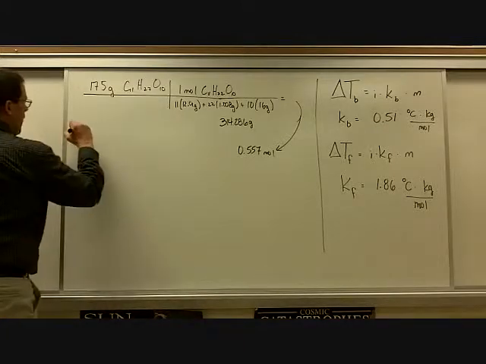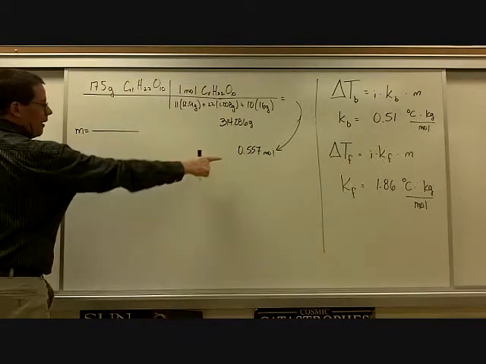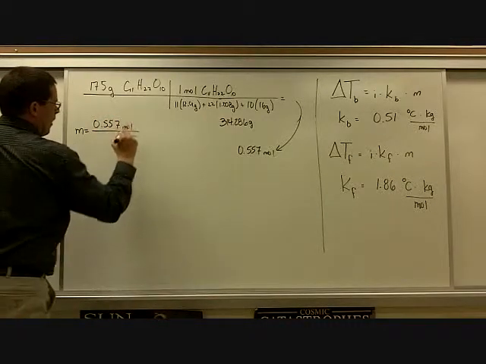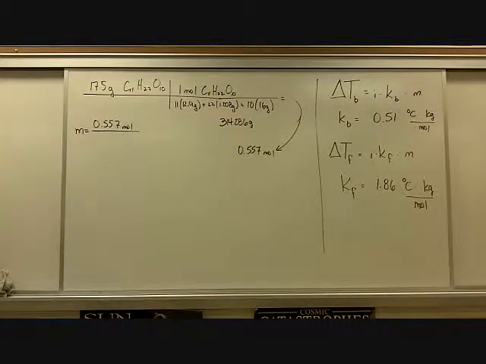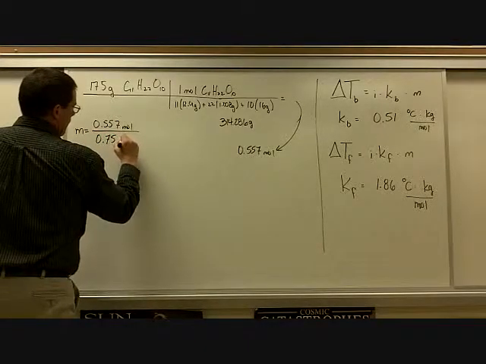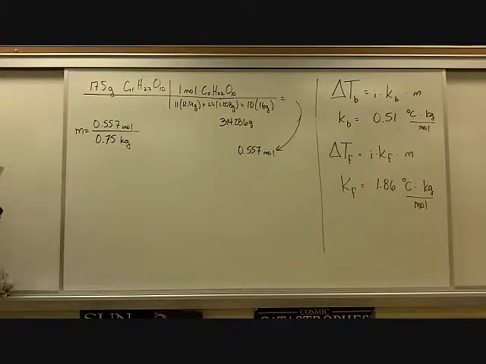If we're going to find the molality, if we know we have 0.557 moles, how much water do we have that we're going to dissolve that in? 750 milliliters, which is how many kilograms? 0.75? Yeah. Now, again, if you need to show that work, then do that.